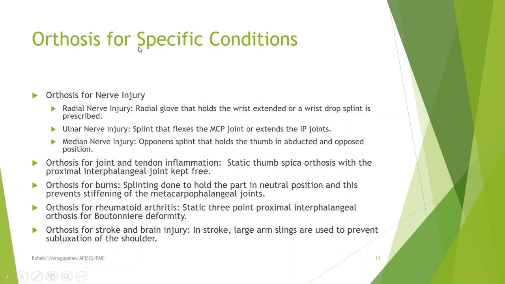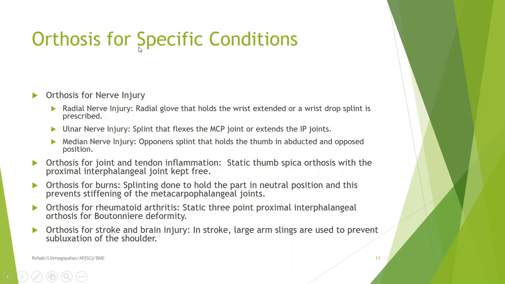So you have orthosis for rheumatoid arthritis as well. So there is static 3-point proximal interphalangeal orthosis for rheumatoid arthritis as well. And then you have orthosis for stroke and brain injury. So large arm slings are used to prevent subluxation of the shoulder. Subluxation means moving down of the shoulder joint, right?